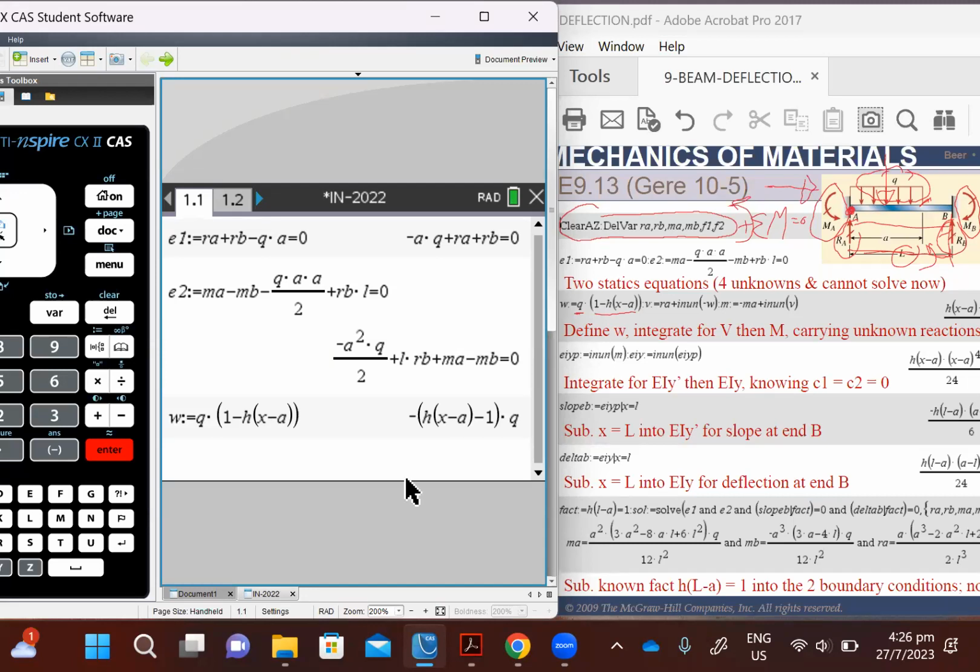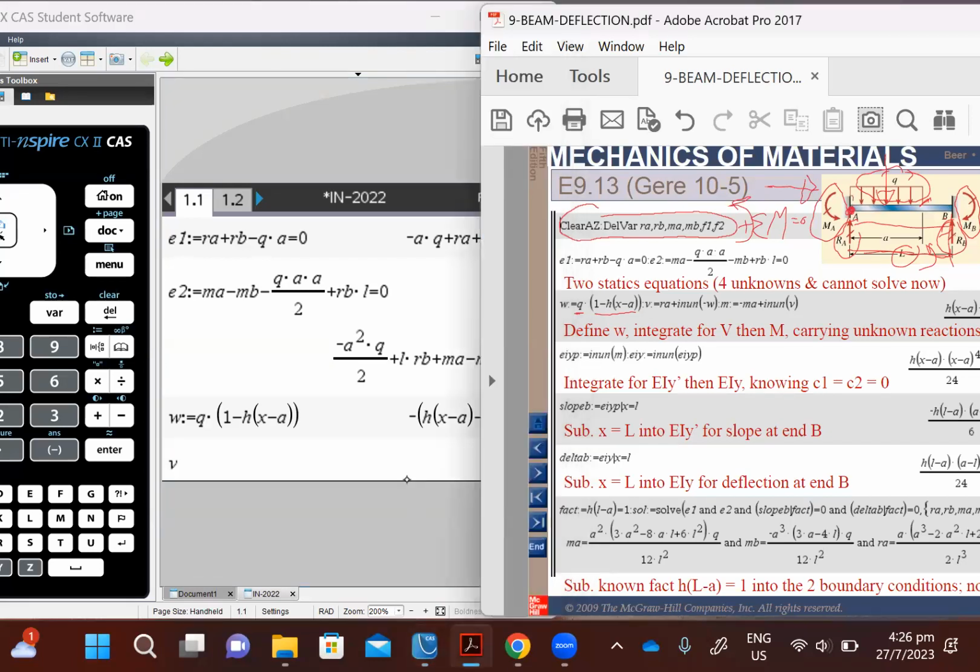So that's the load, and V, the shear. Let me just remind you, we look at the left-hand end, you've got RA coming up already, so immediately you need to have an initial value for the shear to balance that coming down.